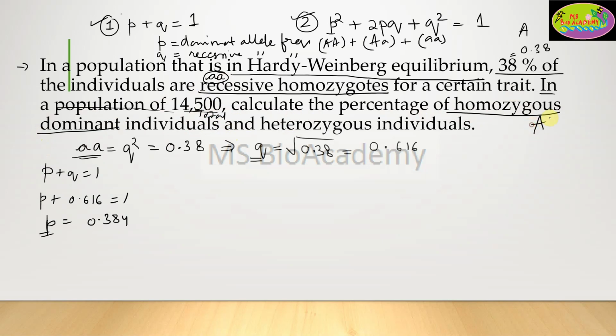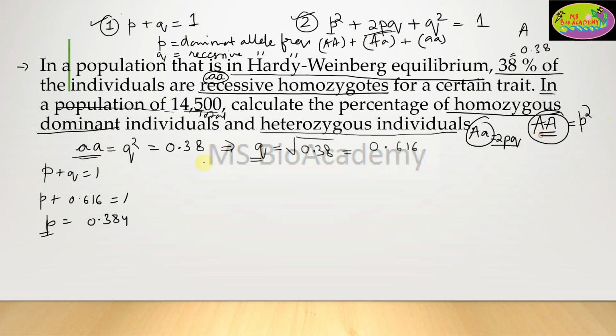That is, we need to find out how many of them have the AA genotype, and how many are heterozygous individuals. So that means we need to calculate the value of P square, and for heterozygous we have to calculate the value of 2PQ, correct? So how are you going to do it?